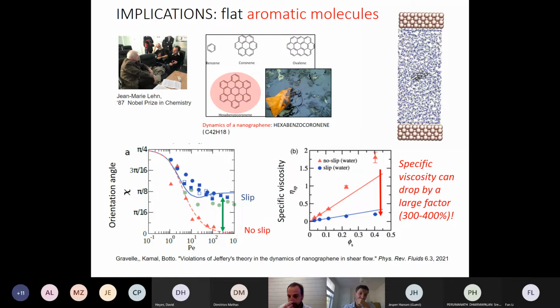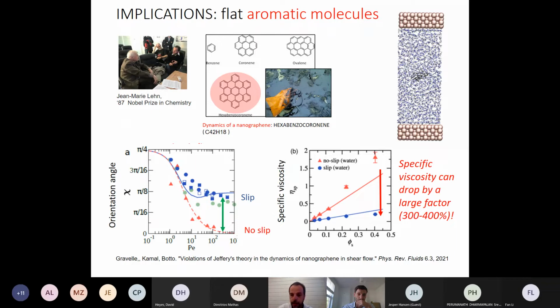One of the interesting things that we could do with the simulations is to measure the viscosity, and in particular the excess viscosity that is due to the particle. If you put a particle in the fluid, typically the viscosity of the suspension goes up, and we can measure the excess viscosity, which is called the specific viscosity. I found that because of this alignment of the particle nearly towards the undisturbed streamlines, the specific viscosity drops by a large factor, by about 300 to 400%.